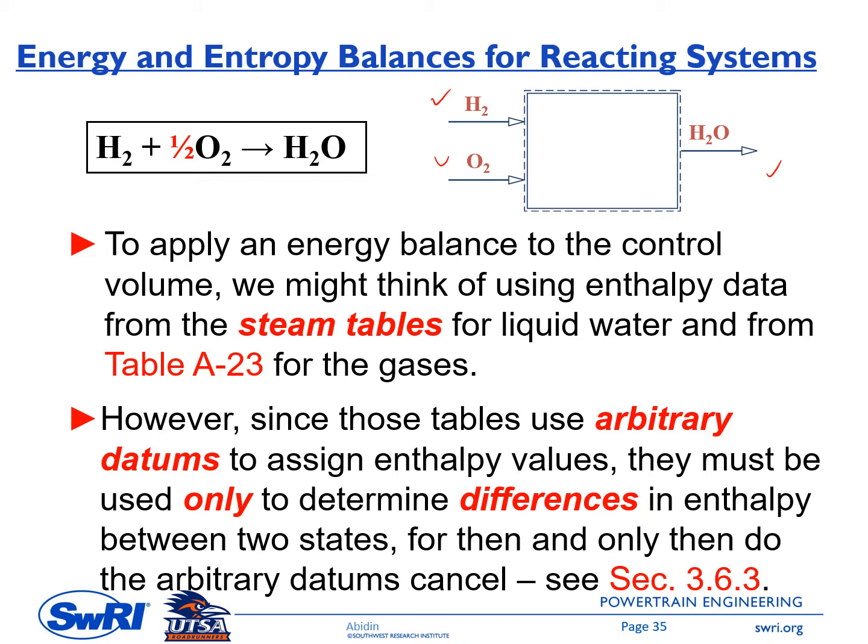So when the species at the entrance is CO2, for example, or maybe O2, then at the exit it will still be O2 or CO2. So there is no change of the species. Therefore, it doesn't matter that we use this arbitrary datum, because we deal with the same species and the same composition, and then this datum will cancel during the calculation of the enthalpy.